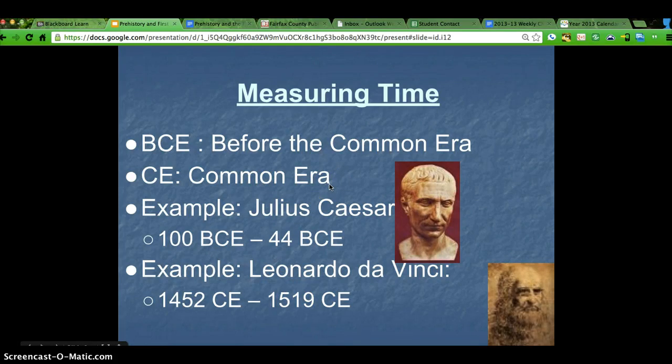So if you were, say, born in 2 BCE, how old would you be today? Stop the video and think about that. And the answer should be 2015. That's 2 before 0 plus 2013 equals 2015. And you can see some other examples there.